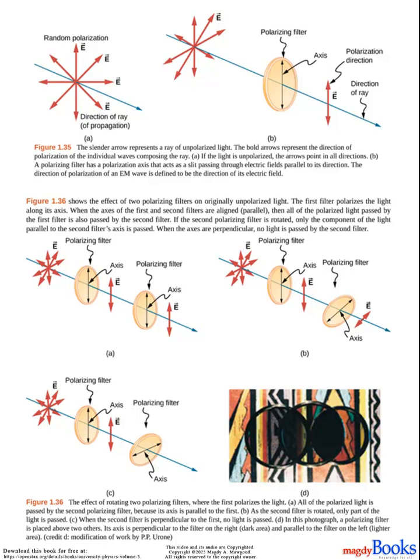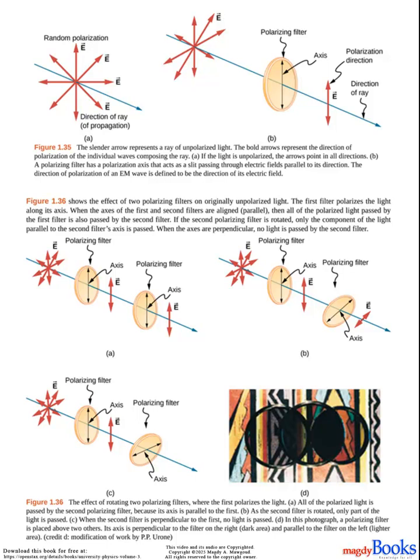E vector. Polarizing filter. Axis. E vector. C. E vector. Polarizing filter. Axis. E vector. Polarizing filter. Axis. Figure 1.36.